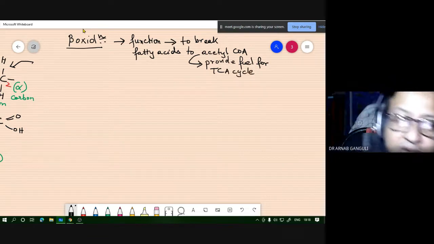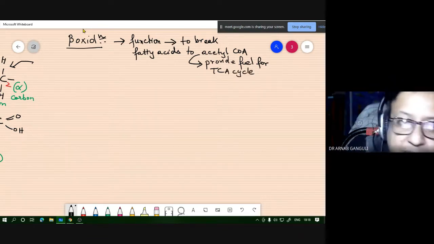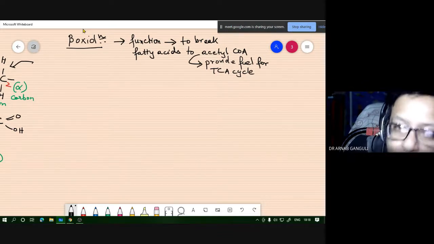So, from the beta carbon, this 2 carbon will come out.